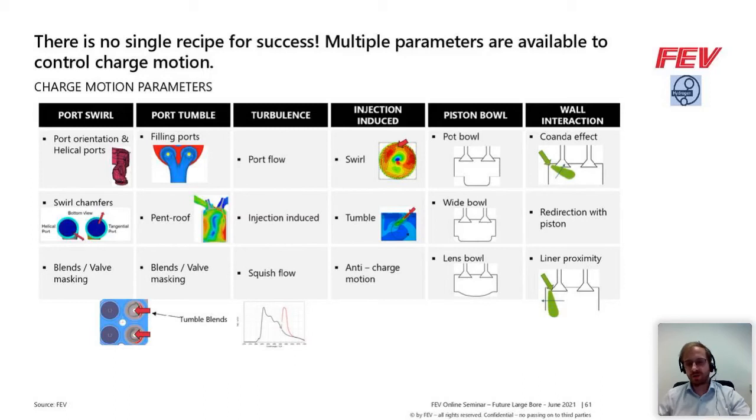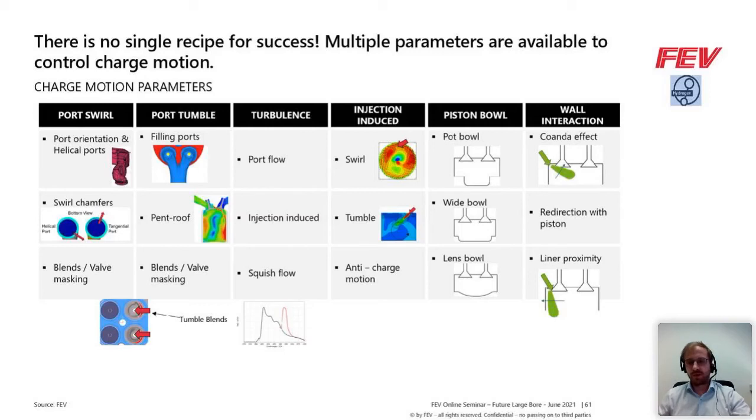Then we are also inducing turbulence with the injection. We have some turbulence induction with a squish flow from the piston design, depending on how large our engine is. So at least for the spark ignition engine, we are always trying to keep our piston bowl compact. We can also design the piston bowl to redirect the spray to interact with our hydrogen injection.